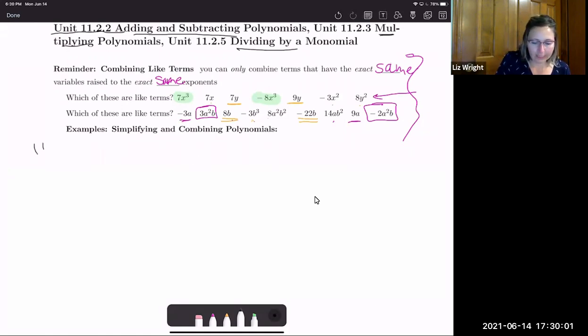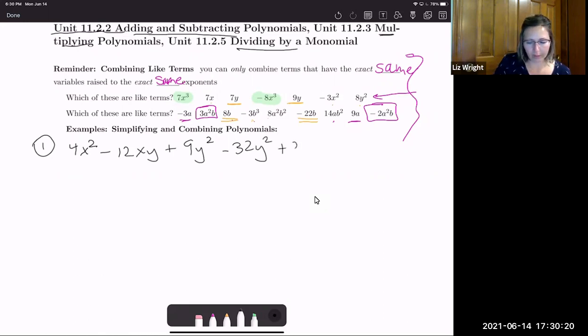Our first example is 4x squared minus 12xy plus 9y squared minus 32y squared plus 25x squared plus 4xy.